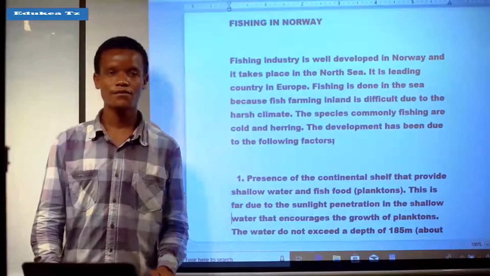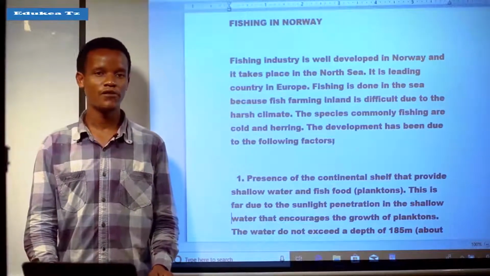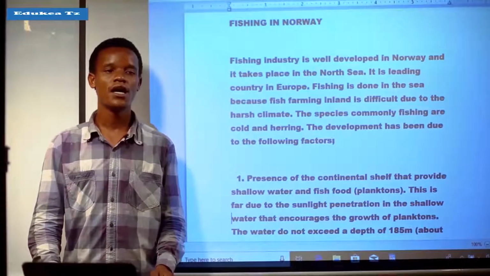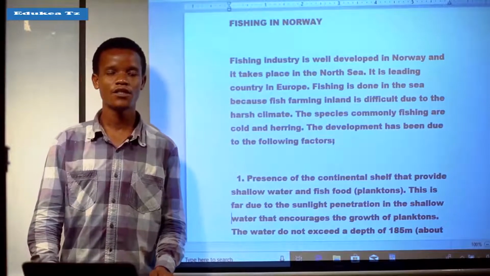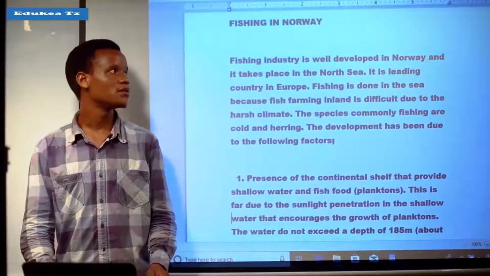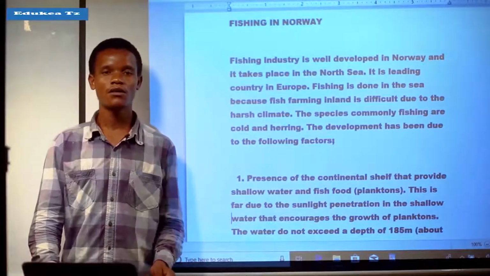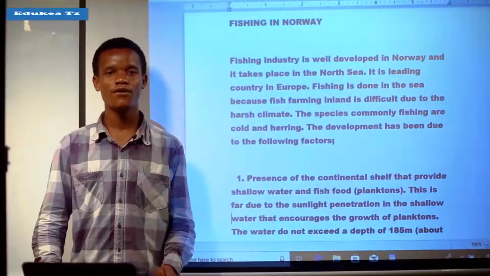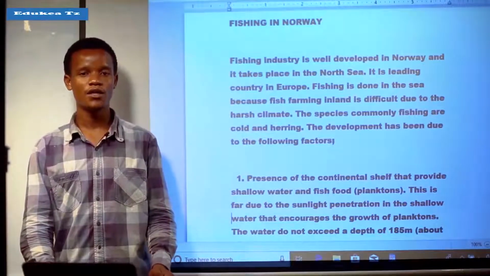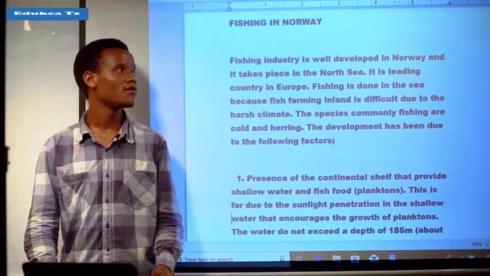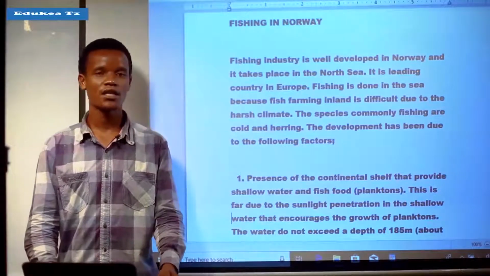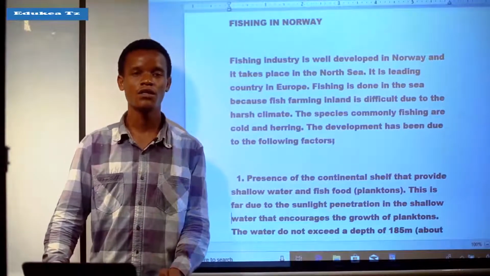The availability of water bodies acts as the driving force for fishing to take place there. Norway is among the countries that is developed in different sectors of the economy, and one among the sectors that is developed in Norway is fishing.